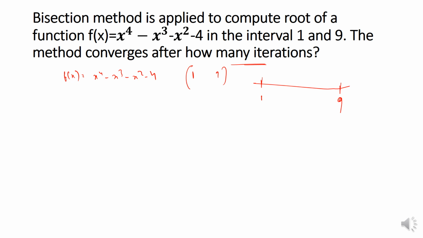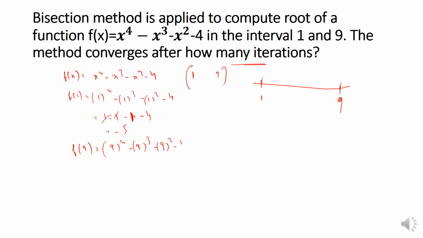Now we will find f of 1, which is 1 power 4 minus 1 cube minus 1 square minus 4. This is 1 minus 1 minus 1 minus 4, which is minus 5. f of 9 is equal to 9 power 4 minus 9 cube minus 9 square minus 4.